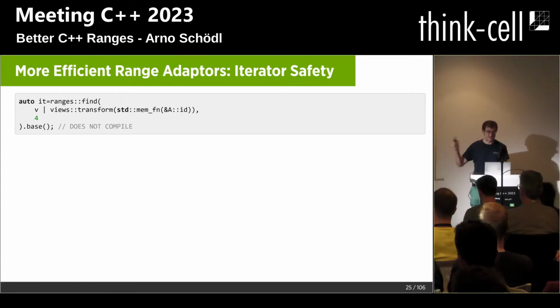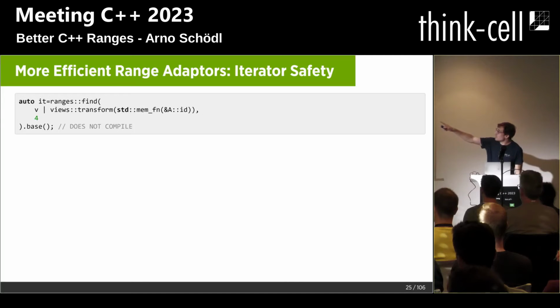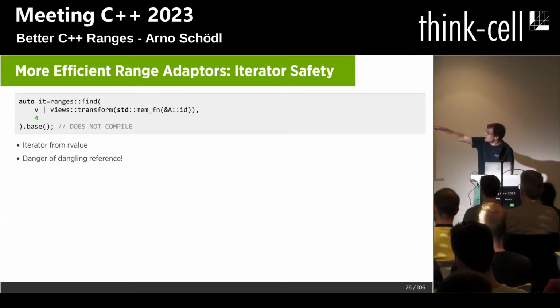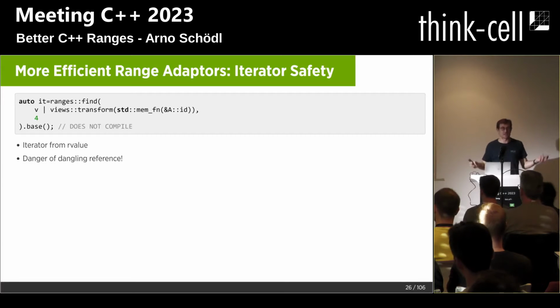So if you call ranges find on this transform, it will actually not compile with the standard library. Because they are afraid that if you call views transform, and I think I made a mistake. Yes. So I made a mistake because, imagine v is an R value. This guy. That's an R value. Okay? So you generated a vector and then you immediately want to transform it.